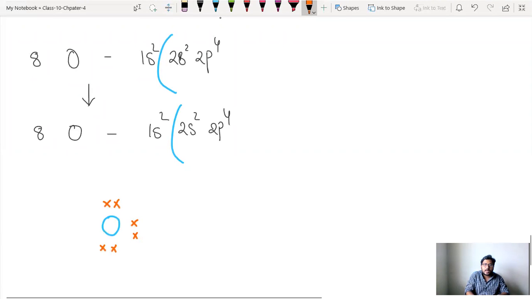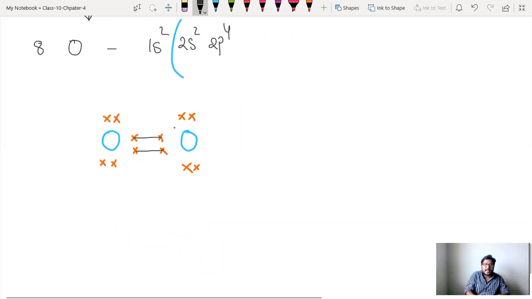We have another oxygen with the same valence electrons, isn't it? 1, 2, 3, 4, 5, 6. Now what will happen? This electron will share, will bond with this electron. This electron will bond with this electron.